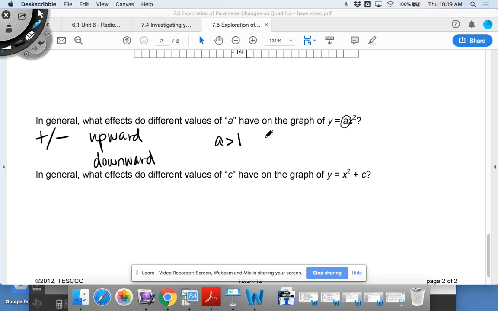So then it's going to be skinnier, or vertically stretched is what that's called. If the A is a fraction, like 1/2, so if it's in between 0 and 1, so like 1/2, 1/4, any fraction in between there, it's going to get wider or fatter.